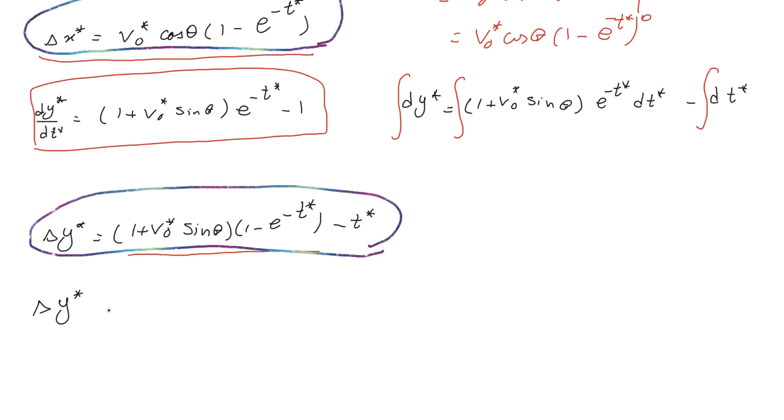When t star is much larger than 1, the term 1 minus e to the minus t star actually goes to 1, right?